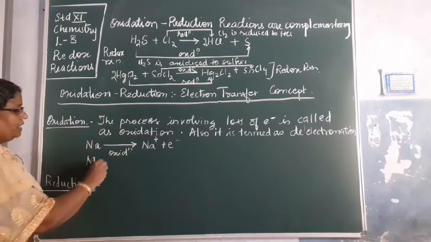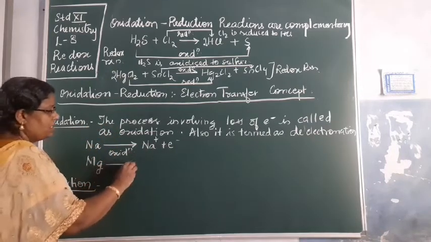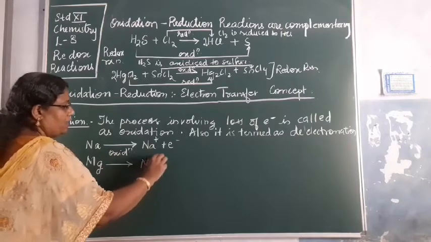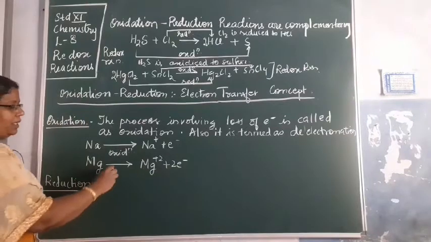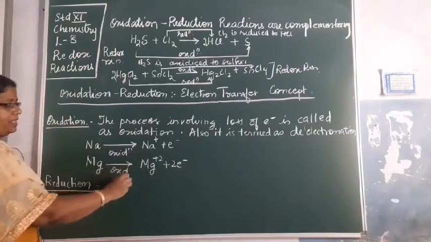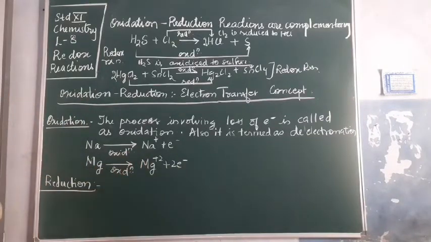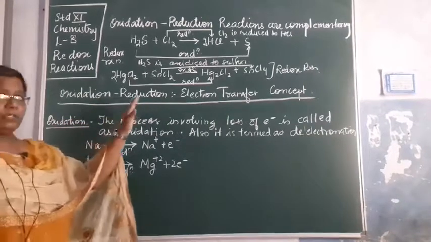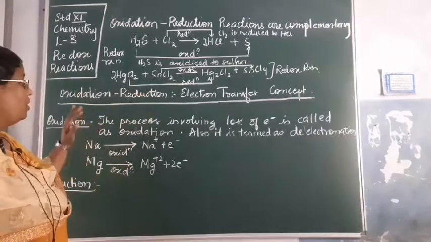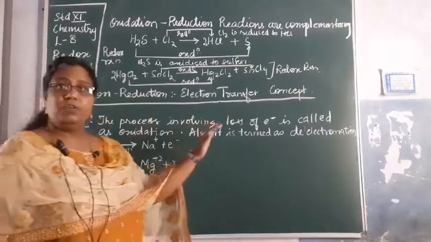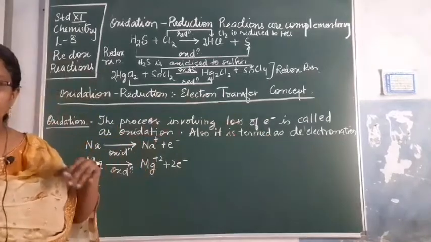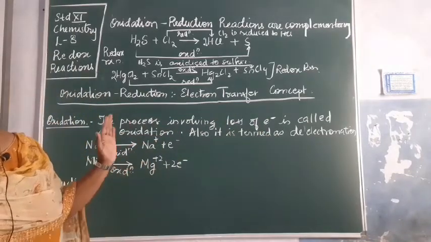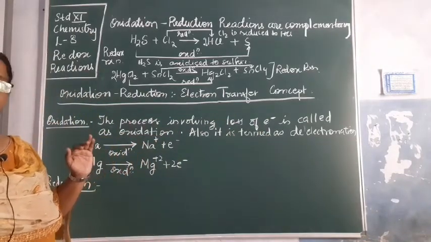Or we can say Mg loses its electron and goes into the Mg plus 2 state. So here again Mg is oxidized. This is the oxidation reaction. Have you followed? According to the electron transfer concept, what is oxidation? Oxidation is the process which involves loss of electron. Any phenomenon where you find loss of electron taking place will be termed as oxidation.